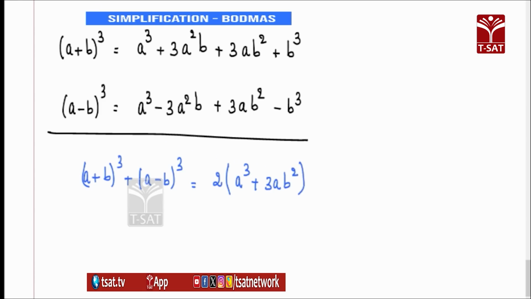Suppose you do minus, a plus b whole cube minus a minus b whole cube. The a cube terms and these terms get cancelled, then it becomes 2 into, the second and fourth terms are left out, that is 3a square b plus b cube.